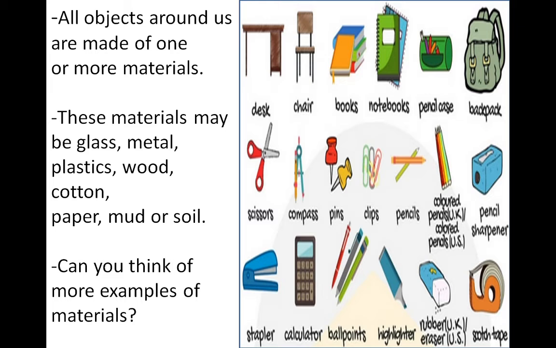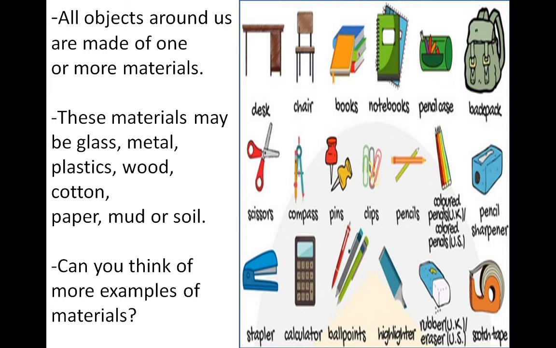These objects may be made of glass, metal, plastics, wood, cotton, paper, mud or soil. So glass, metal, plastics, wood, cotton, paper, mud and soil are materials.